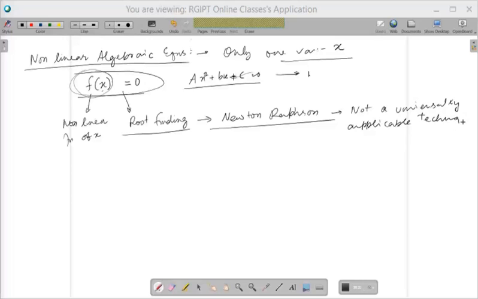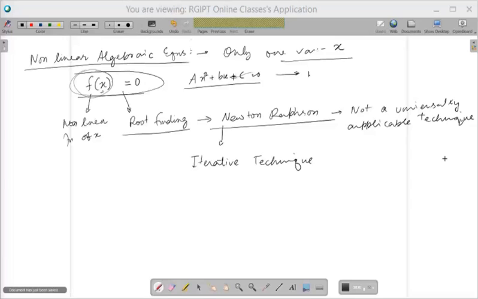But generally speaking, if you are clever enough to guess a value which is close to the root, you always start with a guessed value, and this is an iterative technique: it leads you from the guessed value to the correct root in a very efficient manner.